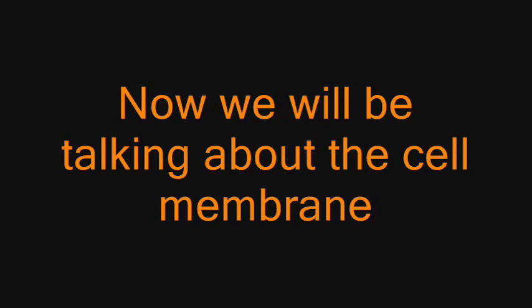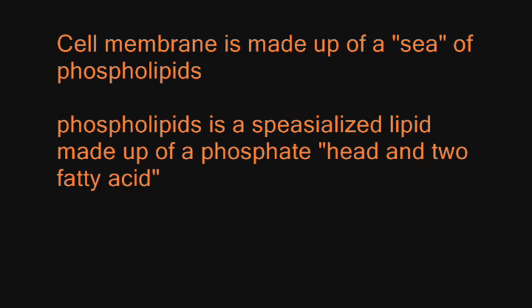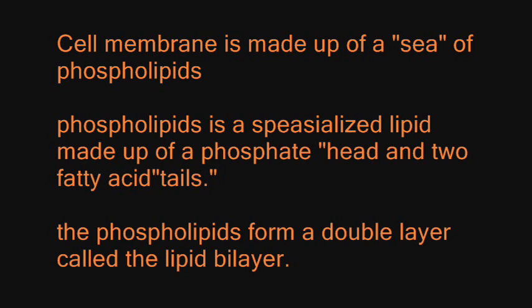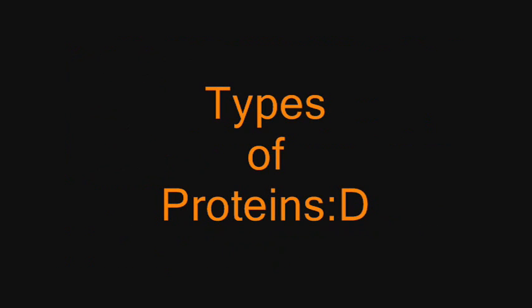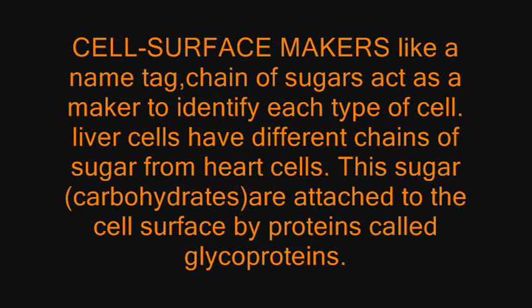Now we'll be talking about the cell membrane. Cell membrane is made of a bilayer of phospholipids. Phospholipids is a, I tried to slow that down for a long time, but it still doesn't. Types of proteins. The cell surface markers.